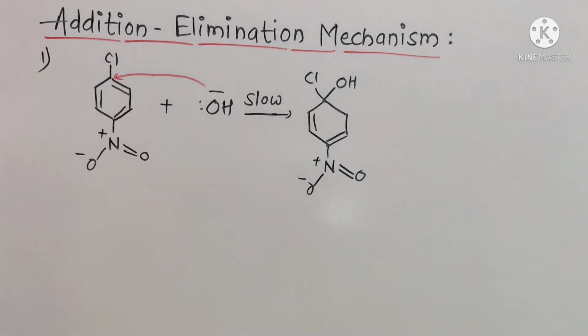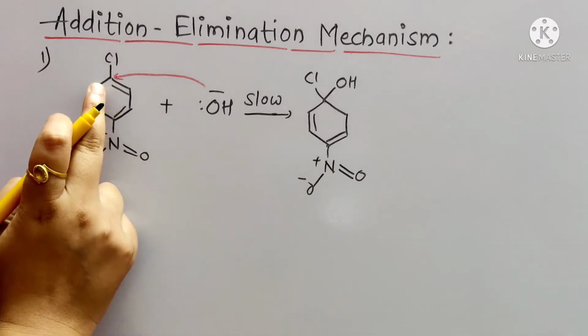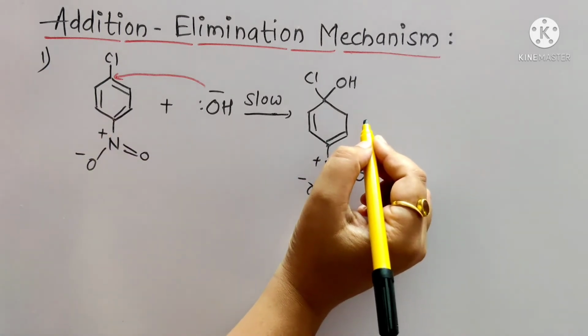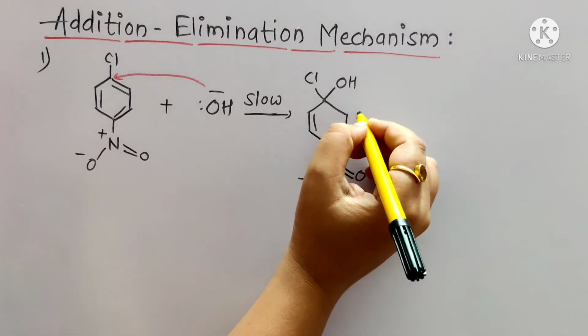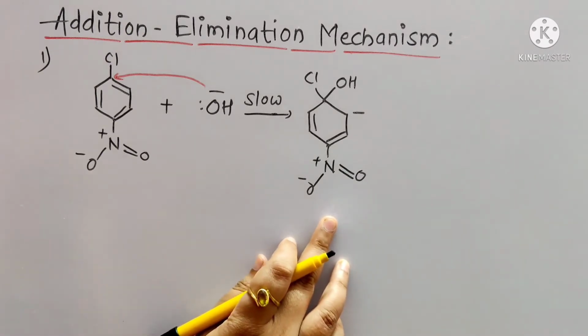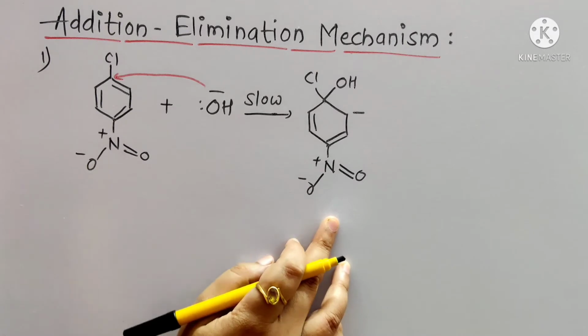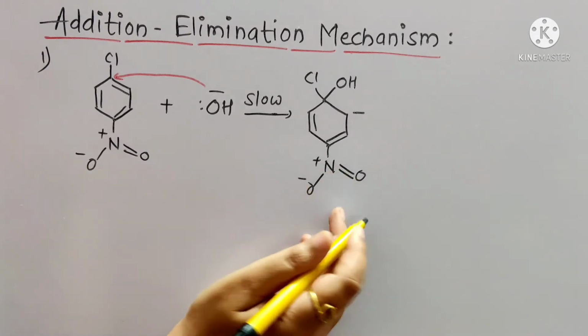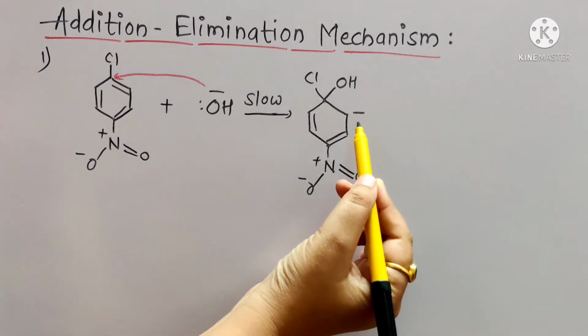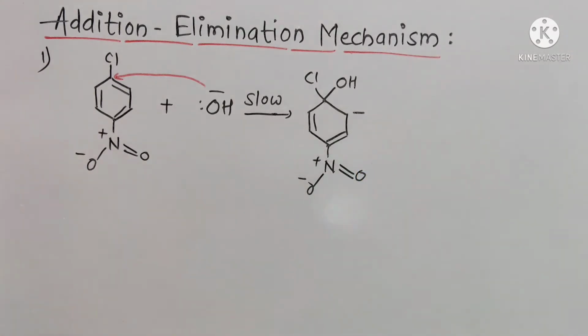The attack of the nucleophile on the aromatic ring generates the anion, so here we can write the negative charge as a pair of electrons. Normally such aromatic anions are unstable. However, the nitro group is an electron withdrawing group, and it helps to stabilize this negative charge by resonance.